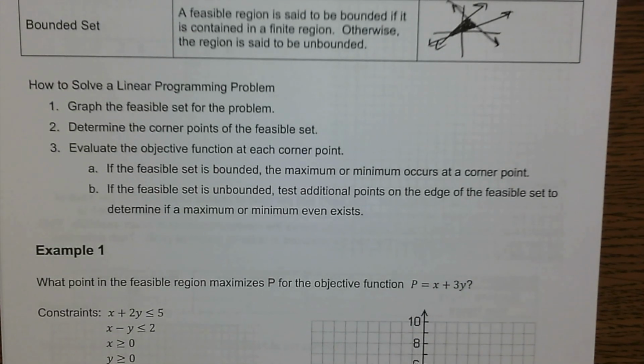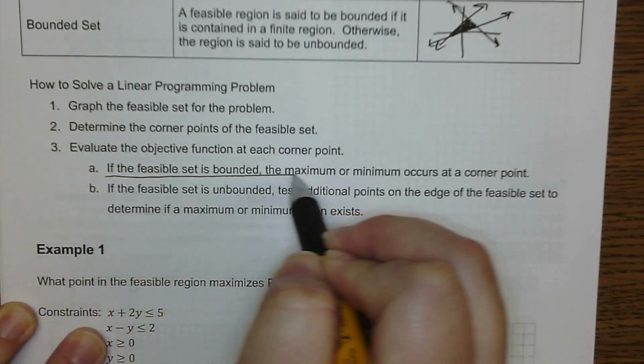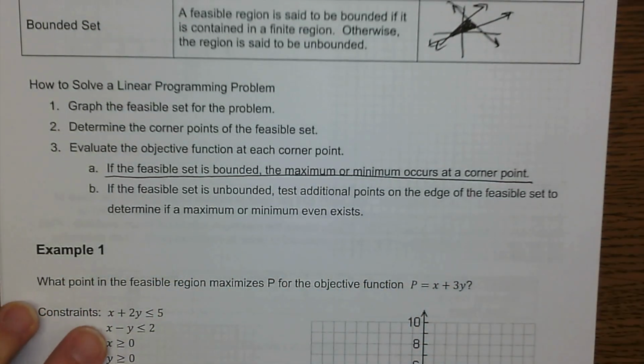And then step 3, evaluate the objective function at each corner point. So you're going to take each of your corner points and you're going to plug them into your objective function. If the set is bounded, the maximum and minimum will occur at a corner point. That's perhaps the most important part of today's lesson.